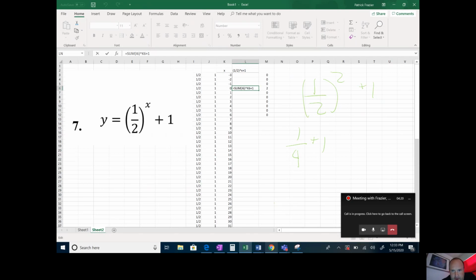And there's a pattern you can discern from that too. Clearly this is just going to be 1.25. I think we all know that 1/4 is 0.25.